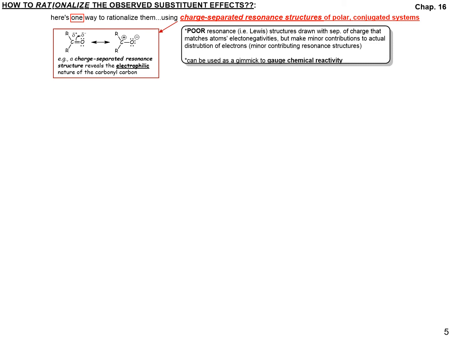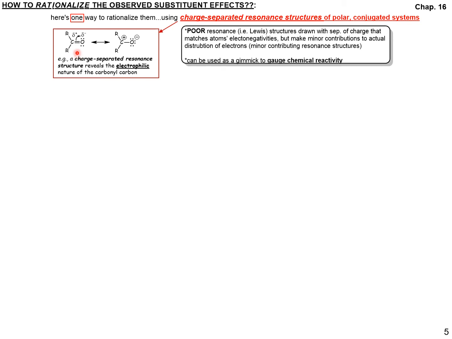It's a kind of a quick way of doing it by drawing these charge-separated resonance structures, and that's shown on this slide. Remember, charge-separated resonance structures or charge-separated Lewis structures are poor Lewis structures. Over here, this ketone, this is the only resonance structure for this ketone.